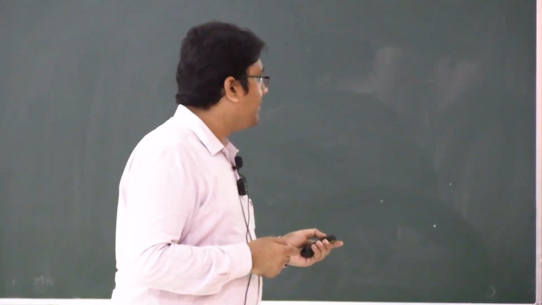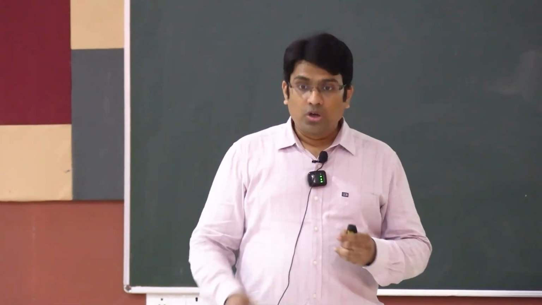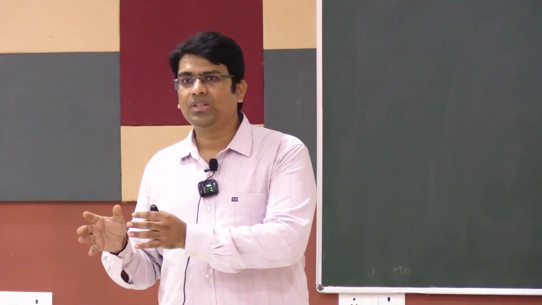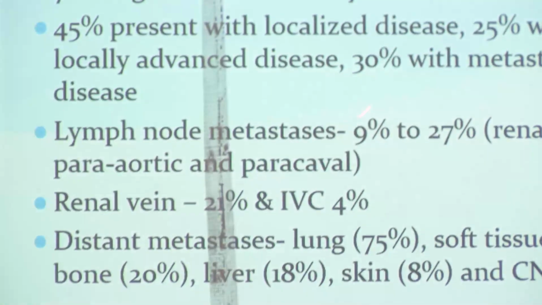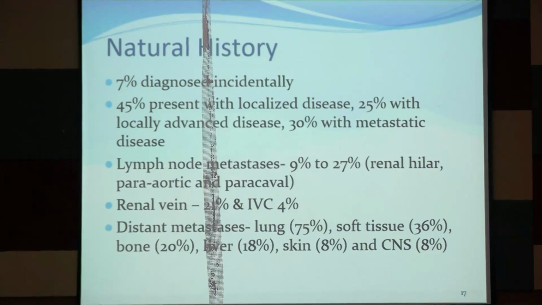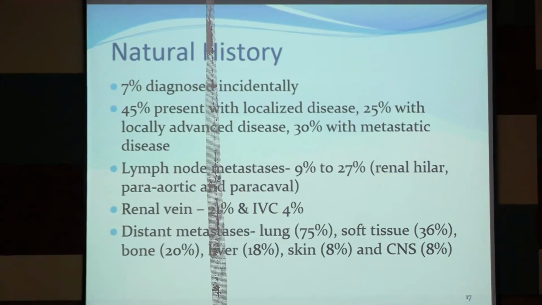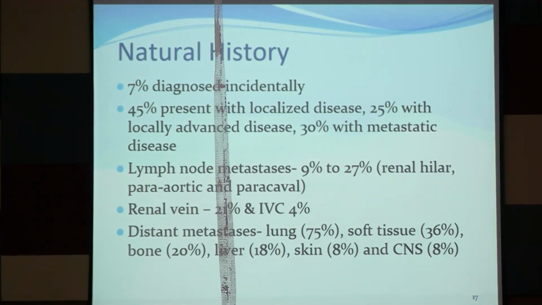In some situations they will have symptoms which we will be discussing later. Most of the patients who are coming to us nowadays, because of the increase in diagnosis and imaging studies, have localized disease. Some of them have advanced disease, but the noteworthy thing is that almost 30% of patients have metastatic disease, which is a large number. 30% out of 100% coming to us have metastatic disease.